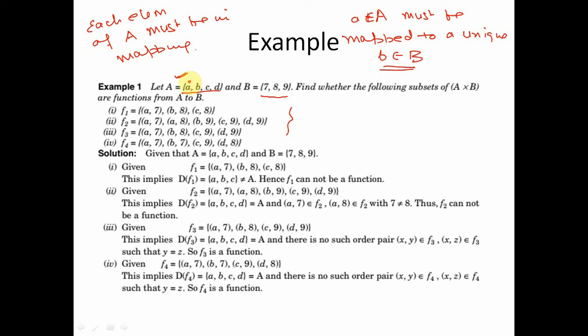So if you have two pairs a, 7 and let us say a, 8, then it will no longer be a function. So I leave this example to you. Study it.